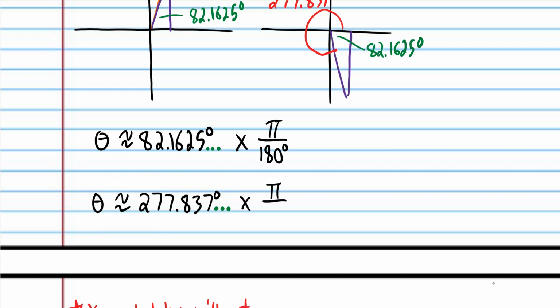So pi over 180 degrees, and notice that the degrees are going to cancel out. That's what we want. And we're going to be left with radian units. Now again, we could say pi rads over 180 degrees, but we don't really need to.